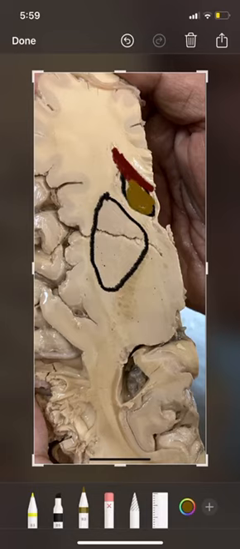This is the head of the caudate nucleus, which forms the floor of the anterior horn of the lateral ventricle, and the body extends backwards.